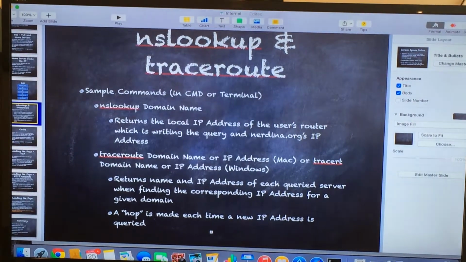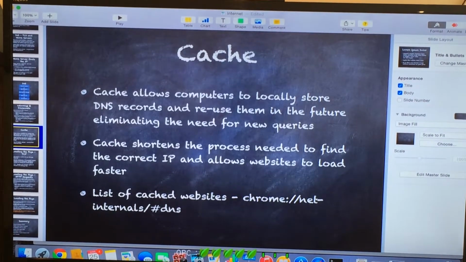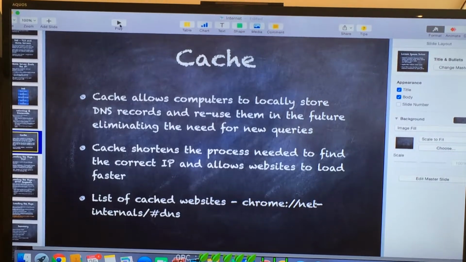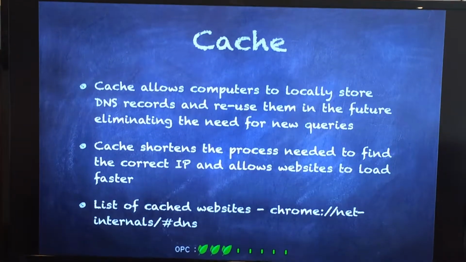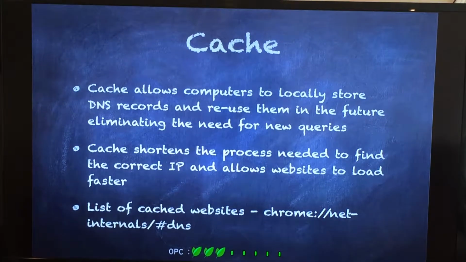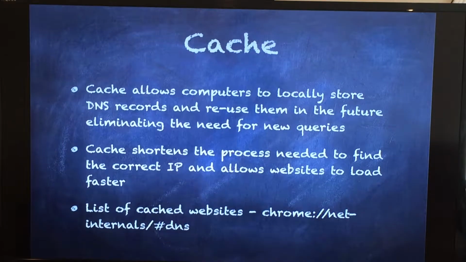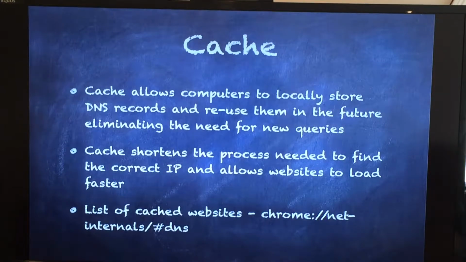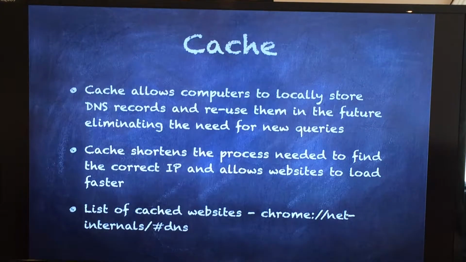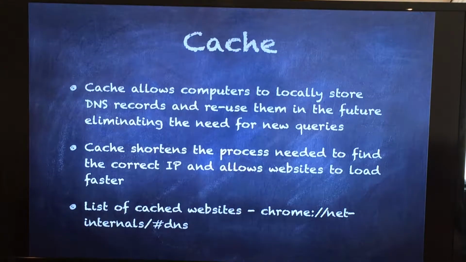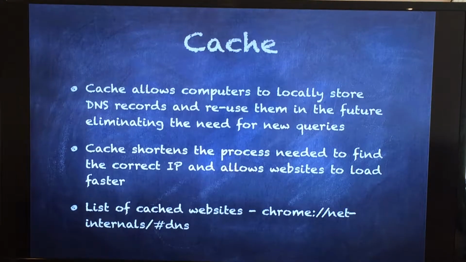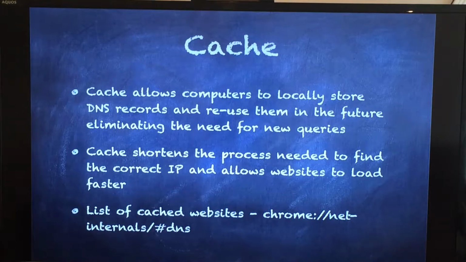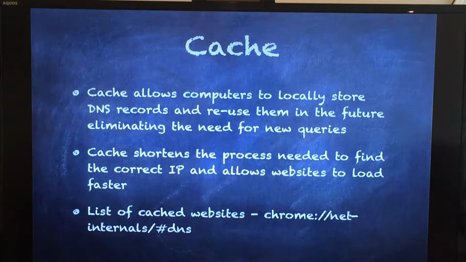Now, this brings up one interesting question. Of course, it would take quite a long time if every single time that we typed in a domain name, all of those steps had to be taken just to find the corresponding IP address. Therefore, we have invented the system of cache. Caching allows computers to locally store DNS records and reuse them in the future.